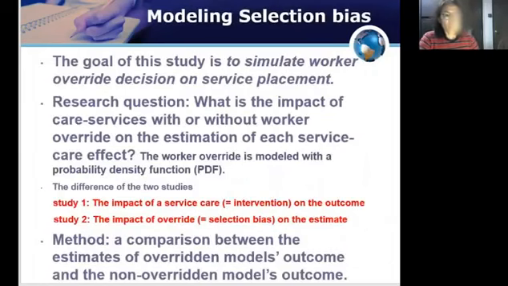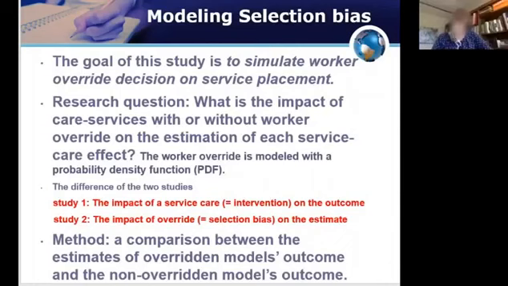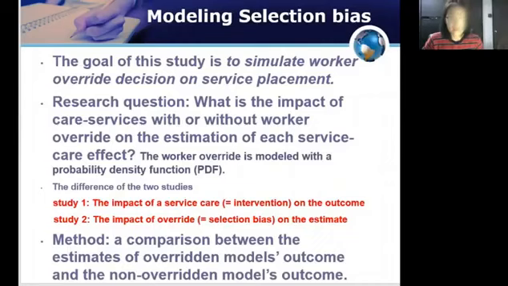Okay, so my goal of the study is to simulate worker override decision on care service placement. And the research question is, what is the impact of care services with or without worker override on the estimation of each care service effect? Most empirical studies want to know the impact of a certain policy intervention or a certain service on the outcome.